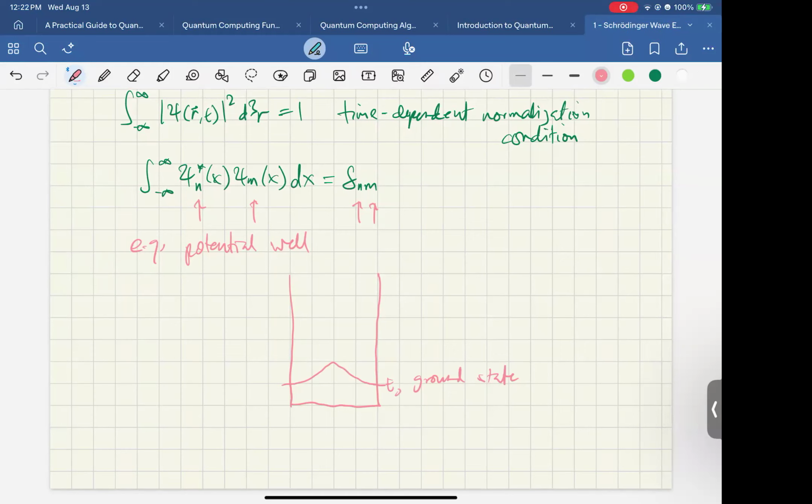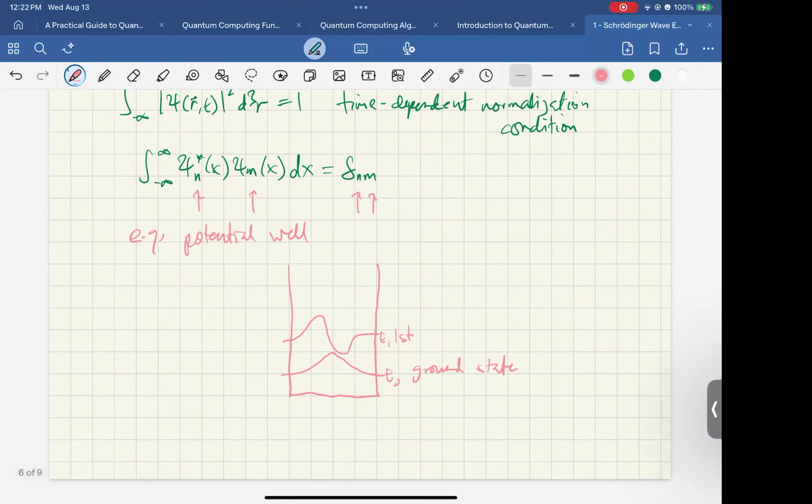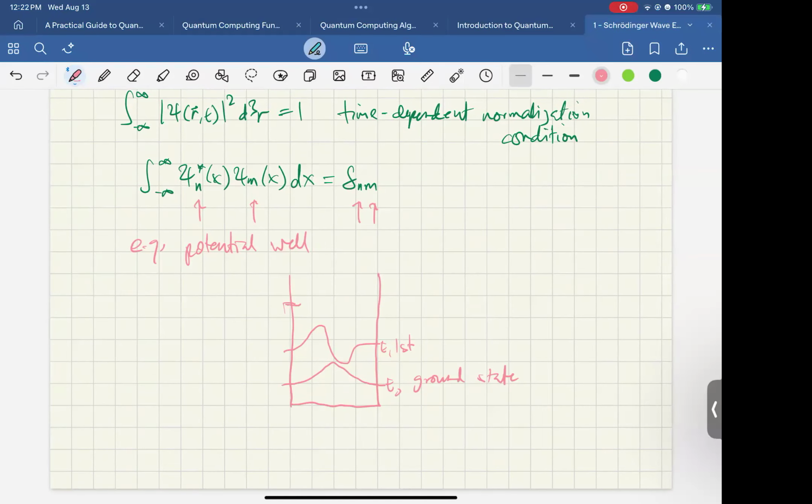And then meron kang first excited state, with energy E1. And then you have the second excited state, and so on and so forth.